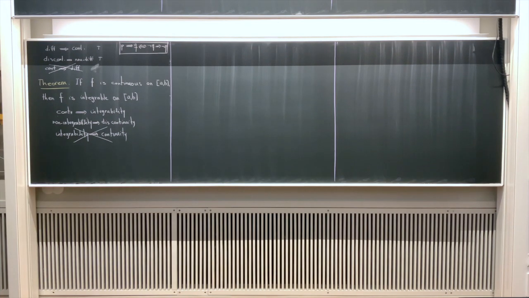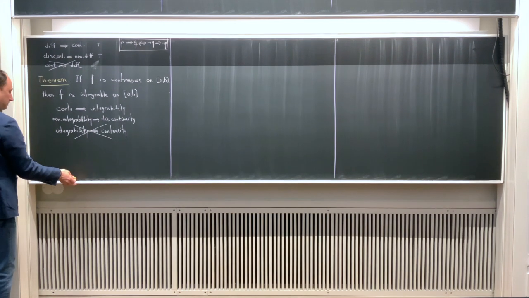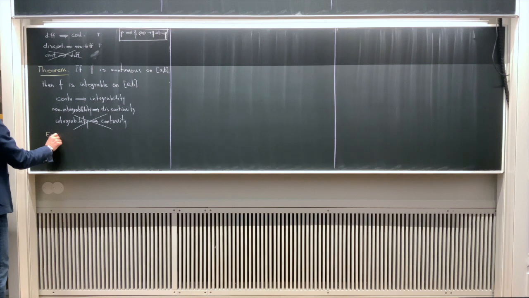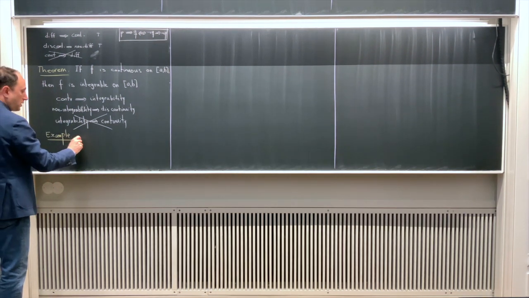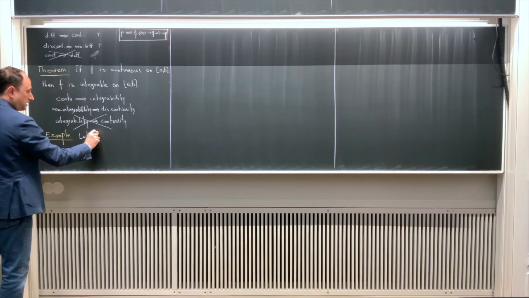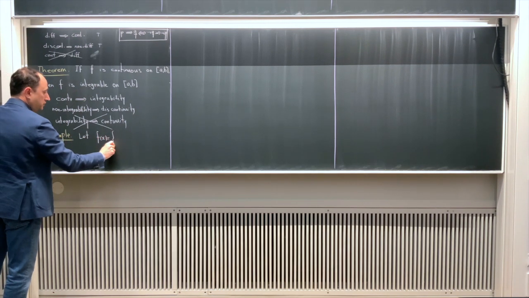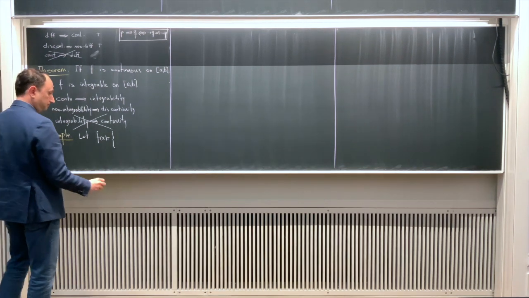Okay? And then if I want to give you an example, it is doable at the level of your knowledge, but it takes time. If you want these kinds of problems, you can think about it. So let f of x be equal, for example, to this function.